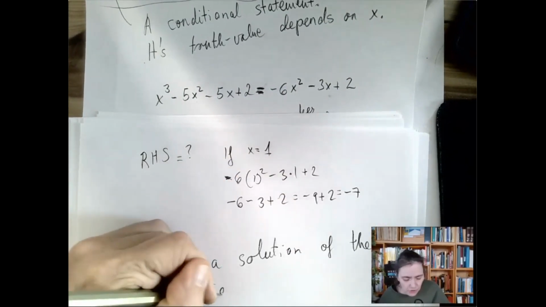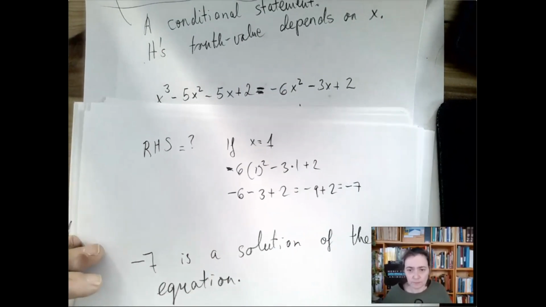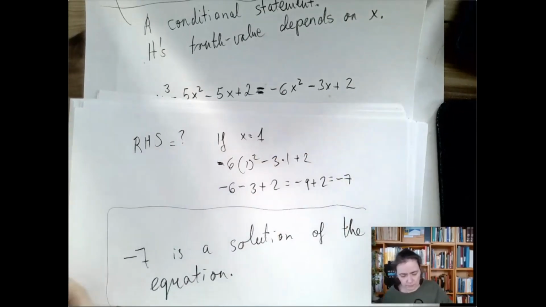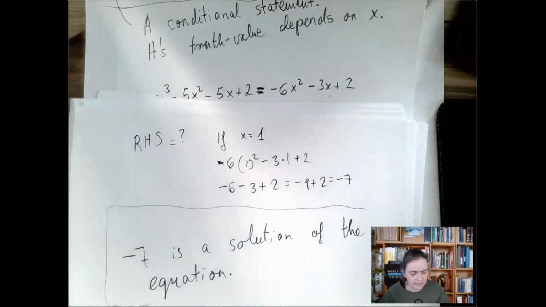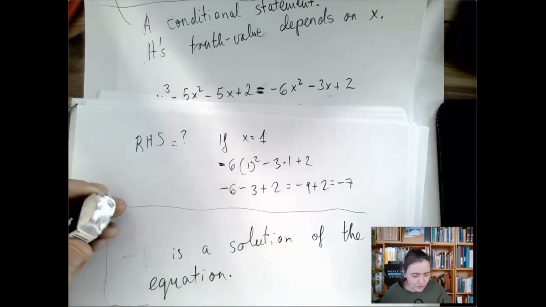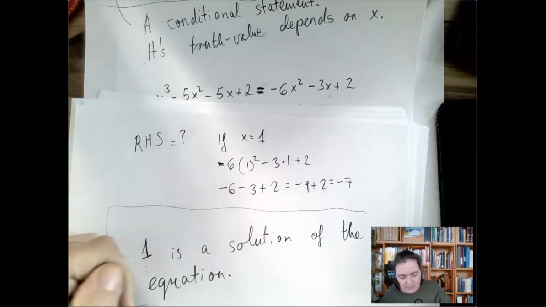A solution is a number that makes the statement true. Wait, not -7. 1. 1 is a solution of the equation because it makes the statement true.